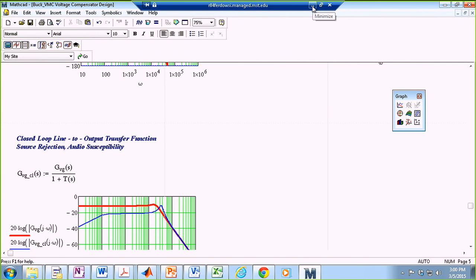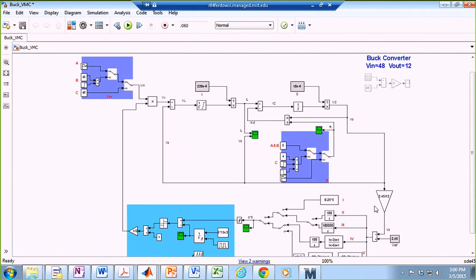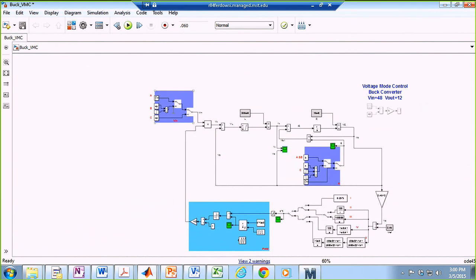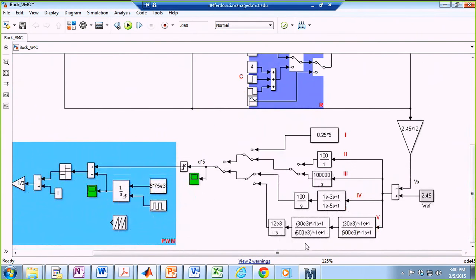So we tried a few candidates for our compensation network. Let me show you the best candidate that we have, which is this fancier one down here. You can see it's a little bit more complicated.